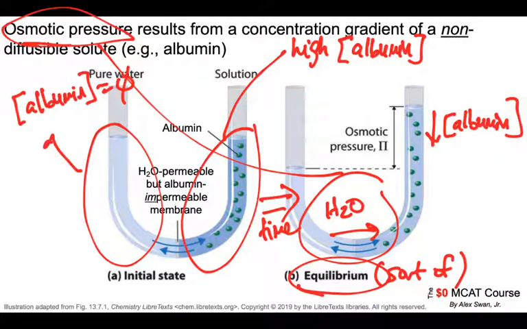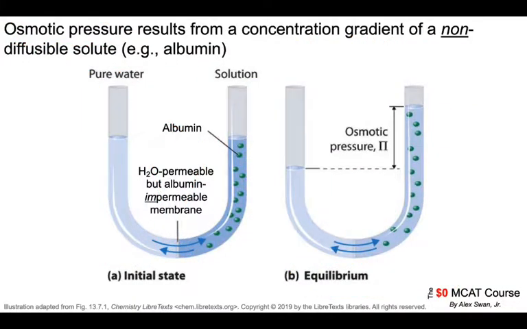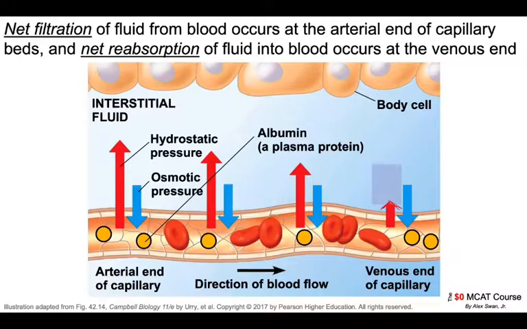As the definition indicates, it results from a concentration gradient of a non-diffusible solute. And you can see that this membrane does not permit the diffusion of albumin, probably because its pores are way too small. Now let's connect that back to what occurs at a capillary bed.